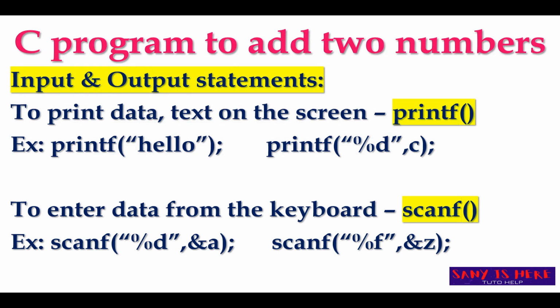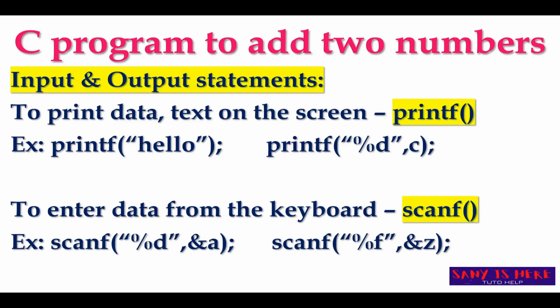You can print the data on the screen using print function. As you all know, we have done in the first program, that is printing your name on the screen. To print the data or text on the screen, you need print function. For example, if you want to print hello world, you are using printf and hello world.